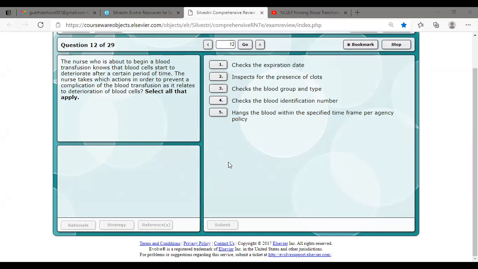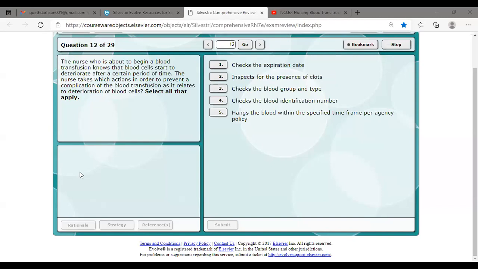Like we have to check the blood type, any kind of infectious disease, the cross matching, and the vital signs. But the question is not about anything like this.